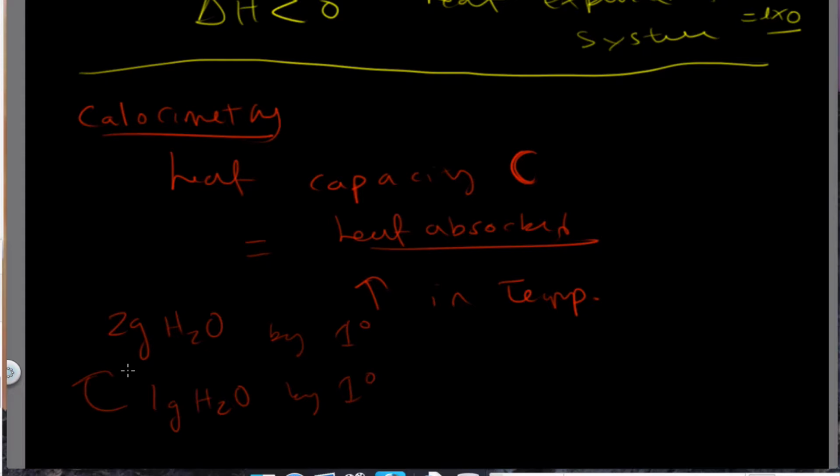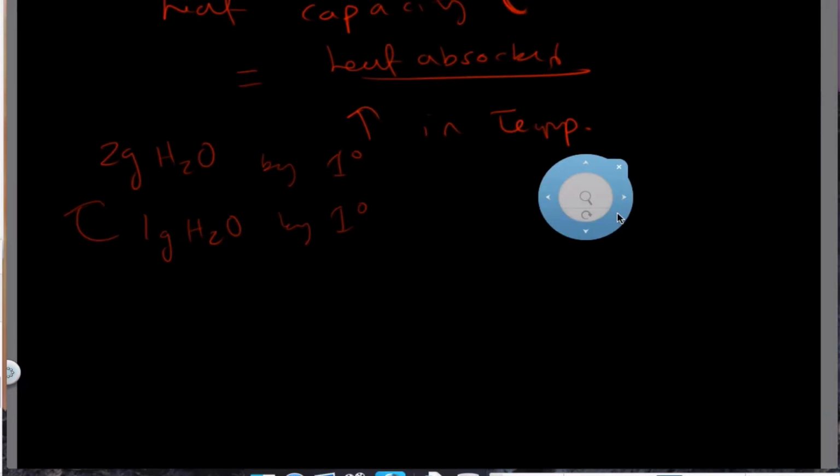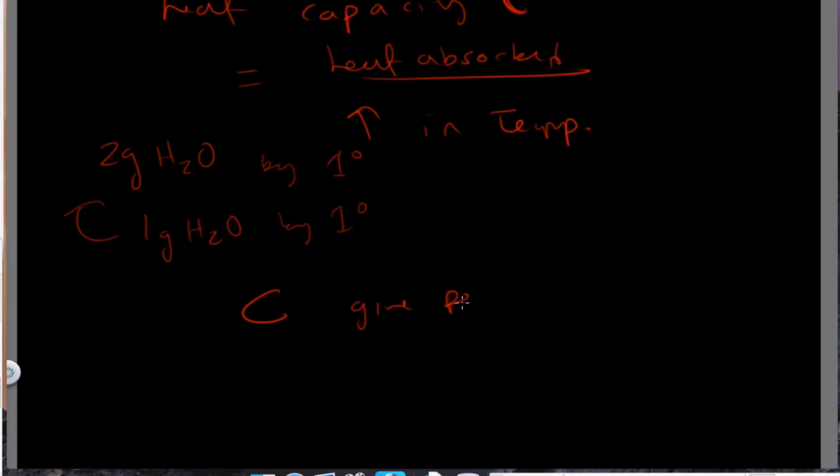So when we define the heat capacity of a substance, the amount of substance must be specified. It's important. So if the heat capacity C is given per gram, we're going to call that specific heat capacity.